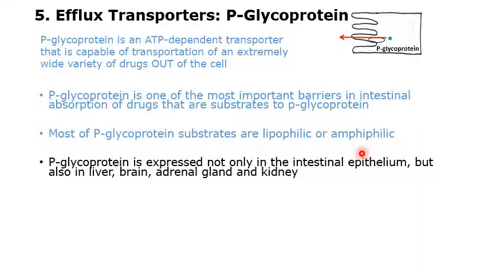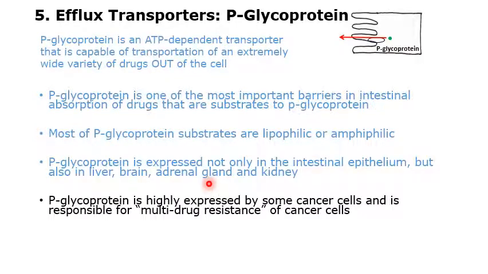PGP is expressed not only in the intestinal epithelium, but also in the liver, brain, adrenal gland, and kidneys. PGP is highly expressed by some cancer cells, and it is responsible for multi-drug resistance of cancer cells.